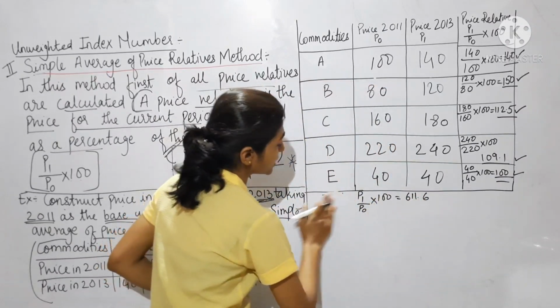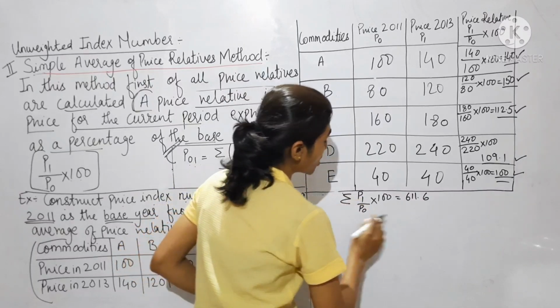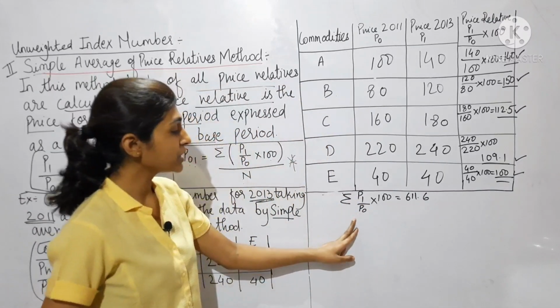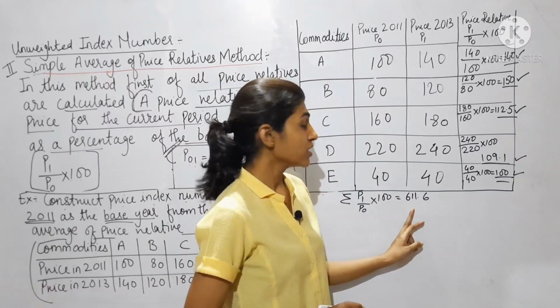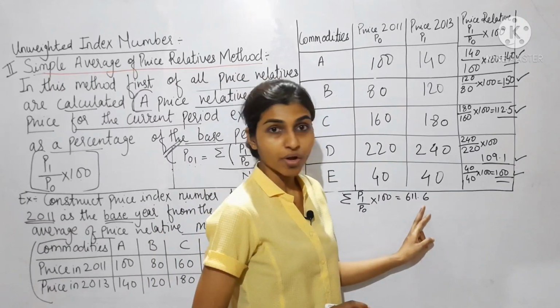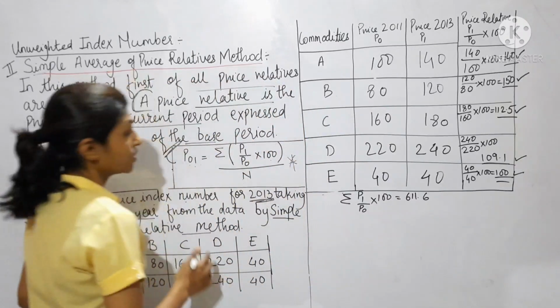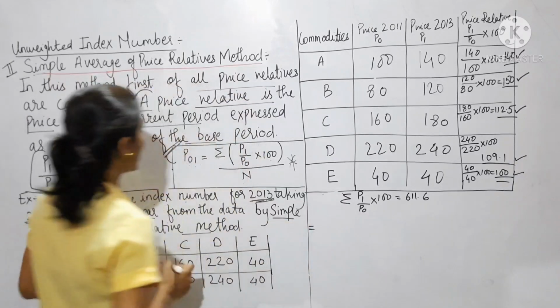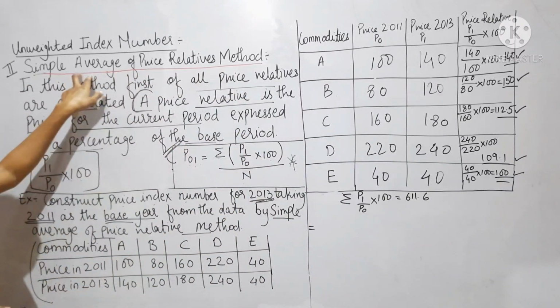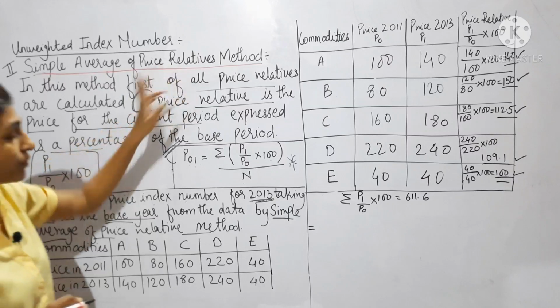Okay, so summation, total means summation. So summation of P1 by P0 multiplied by 100 you get 611.6.